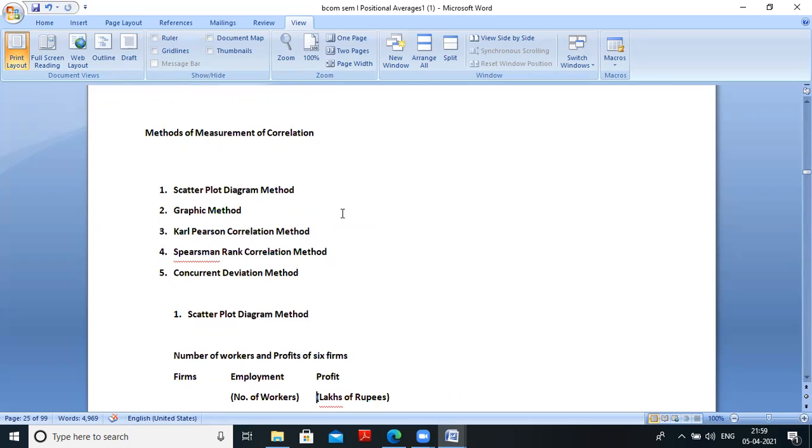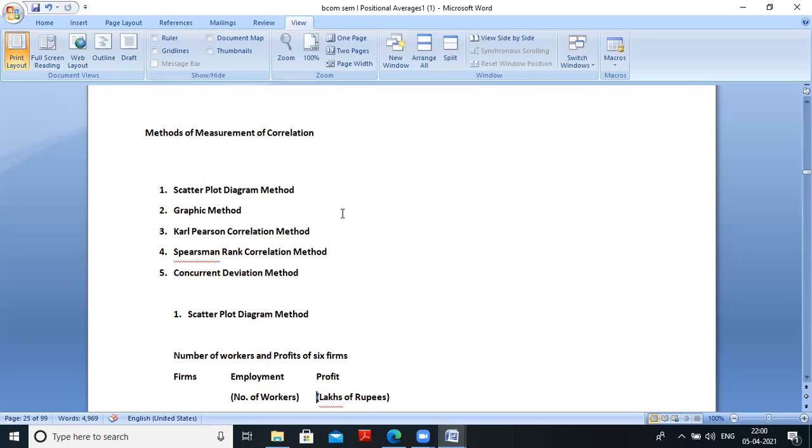That is, whether the two variables are associated in the same direction or in opposite direction. Whether there is positive correlation or negative correlation. Whether there is perfect correlation or imperfect correlation. All this is nature of correlation. Degree means, if it is 0.45, 0.25, that is the absolute value in which they are related to each other.